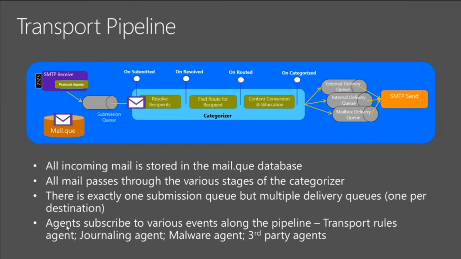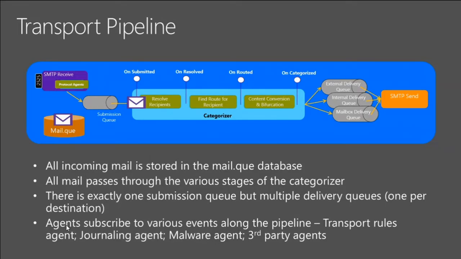In some cases, it's a mail user or a mail contact. If it's a distribution list, we will find out that it's a distribution group, and we will expand membership for that group. All of these things happen at the resolve event. We would also convert things like alias to primary address. That also happens during this phase.